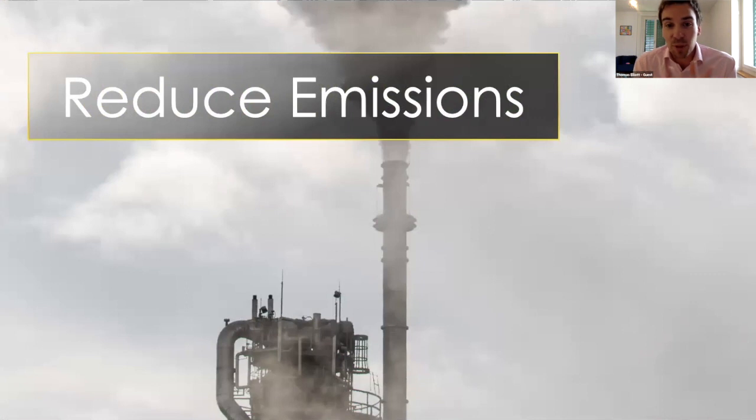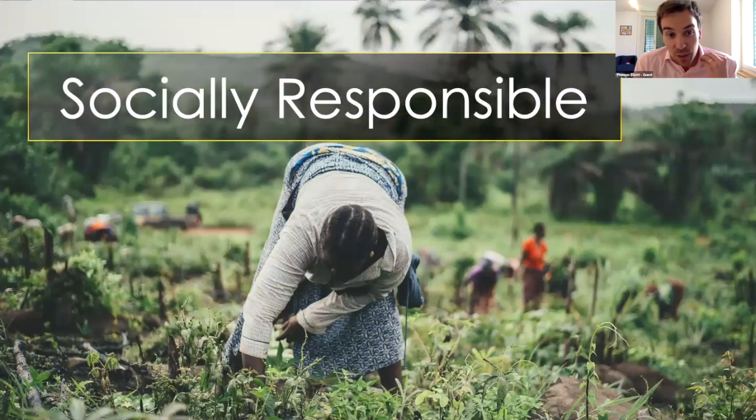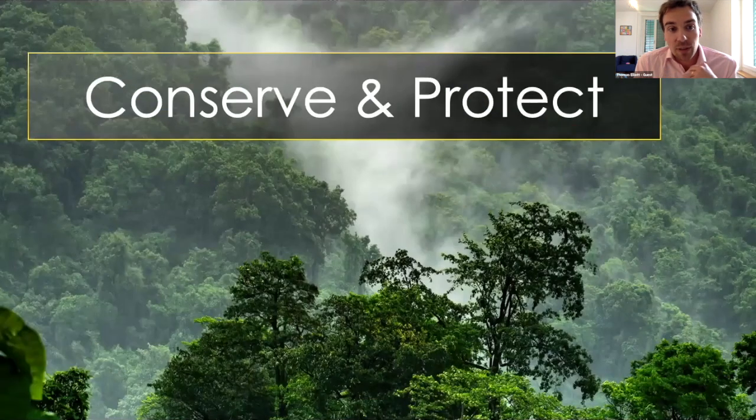There isn't enough room on the planet for us all to plant trees and offset our carbon emissions. It absolutely has to be done in combination with reducing emissions. Restoration has to be ecologically informed. Planting trees in the wrong, unsuitable ecosystems can actually have negative consequences, as I've highlighted. It needs to be done in a socially responsible way, as I've touched on.